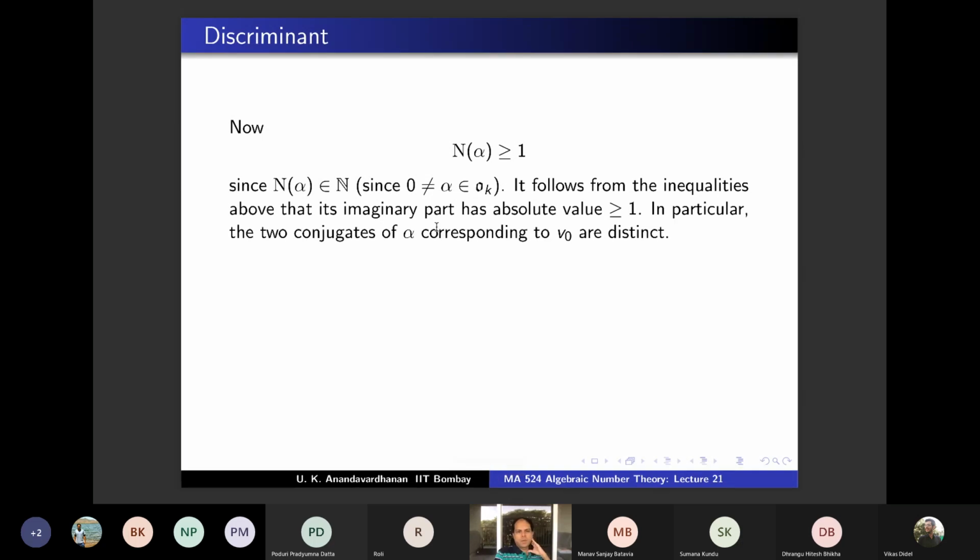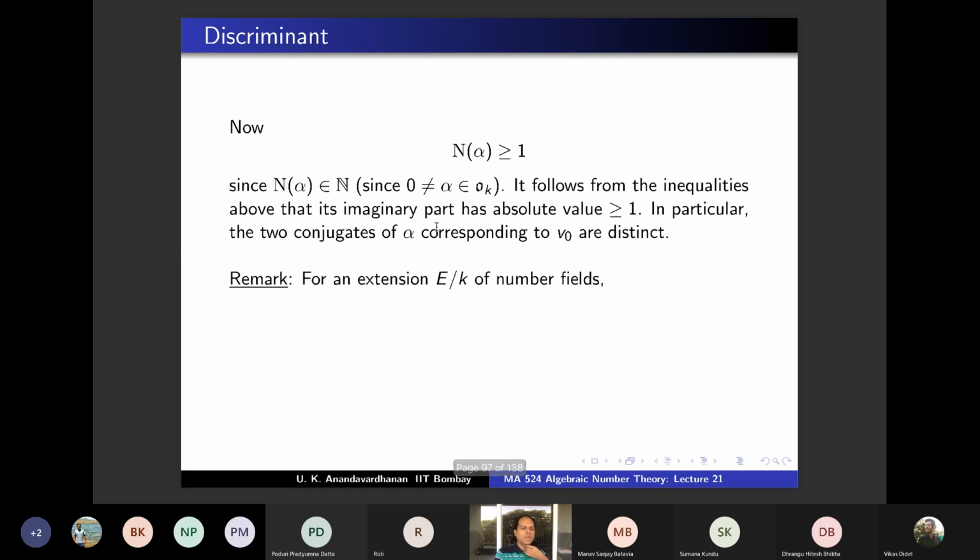Okay, so in particular, the two conjugates of alpha corresponding to v0 are distinct, right? So alpha and alpha bar are distinct, because the imaginary part is non-zero. If alpha is x plus iy, alpha bar is x minus iy, and y is non-zero. So these are two distinct points.